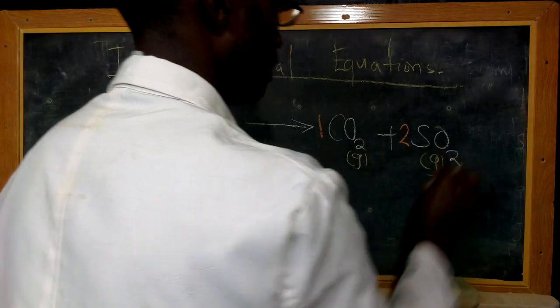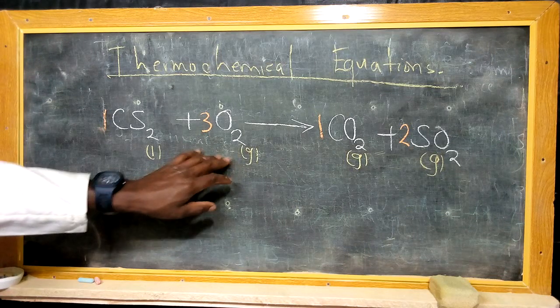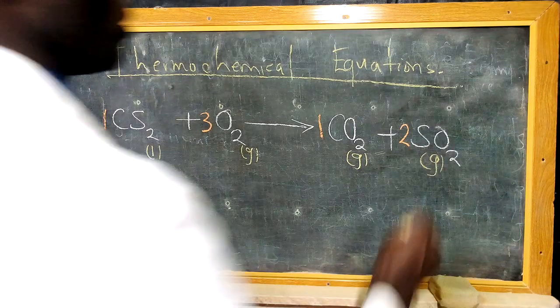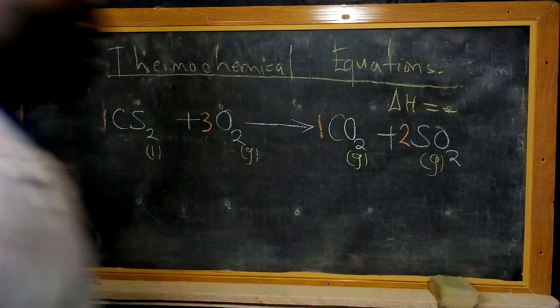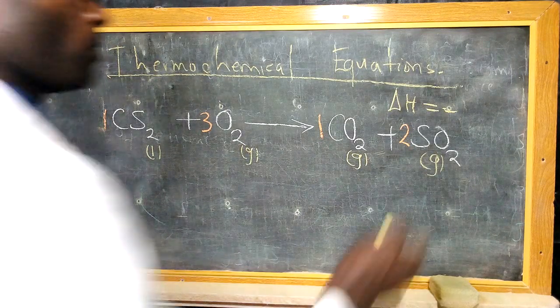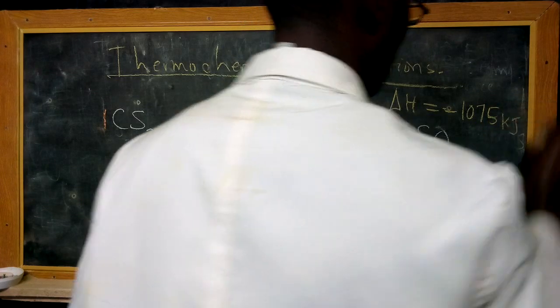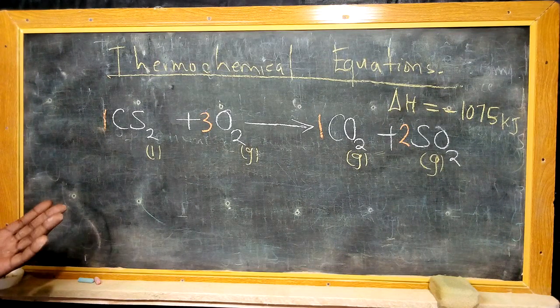So this liquid carbon disulfide reacts with oxygen, undergoing combustion in air to form carbon dioxide and sulfur dioxide respectively. The change in enthalpy is negative, which implies that heat is evolved, which is 1075 kilojoules.